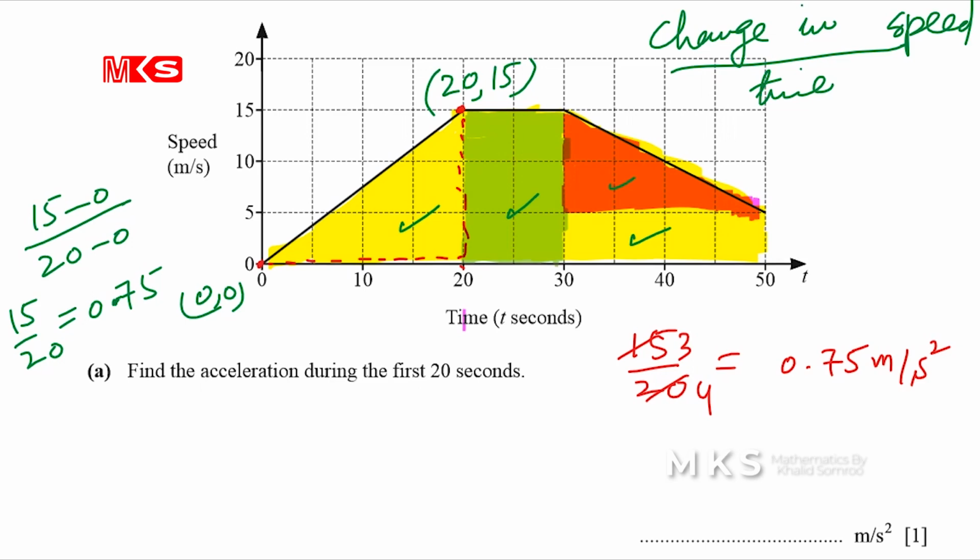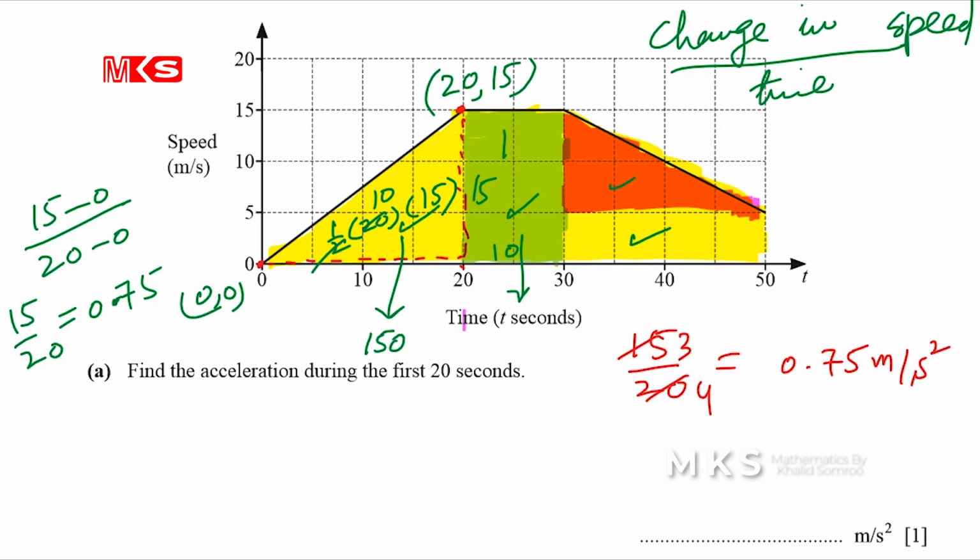In the first left side triangle, we have height 15, base 20, so half times 20 times 15. Two tens are 20, so this would be 150. And this is a rectangle whose base is 10 and height is 15.